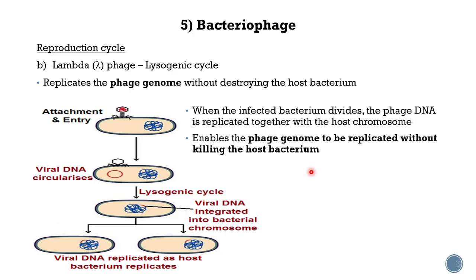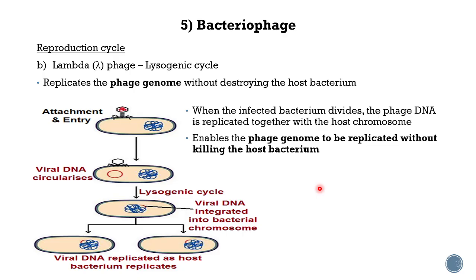So now you can see why the bacterial host cell is not killed, right? Because there are no new viruses being made inside the bacterial cell. It's only the viral genome, the viral DNA, that's integrated into the bacterial DNA. So the bacterium will happily live and continue to divide, and when the bacterial cell divides, it will replicate its own DNA, and the viral DNA will be replicated together with the host DNA.